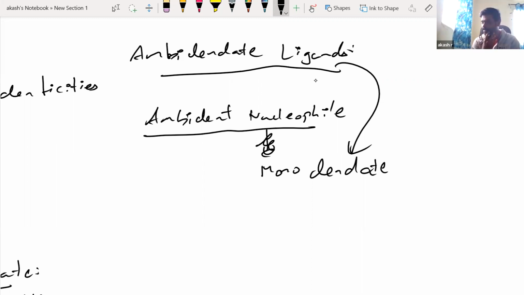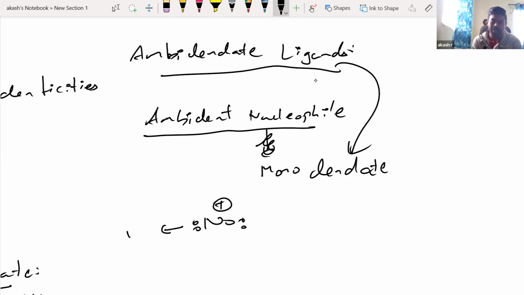Even though we have more than one donor site, at a time that particular molecule will be able to donate only from one of its atoms. For example, NO plus or NO minus can be a ligand. Nitrogen is having a lone pair, oxygen is having a lone pair.